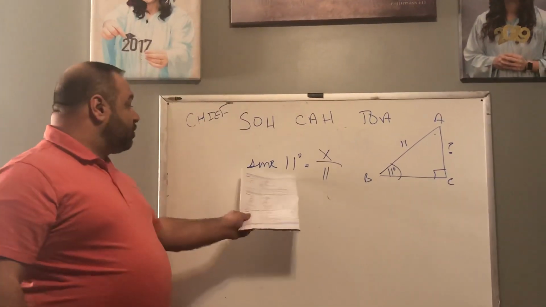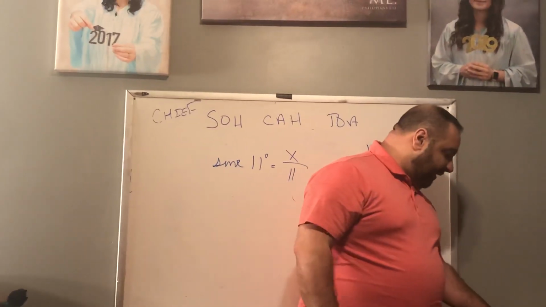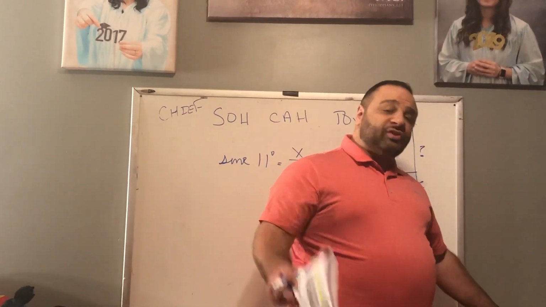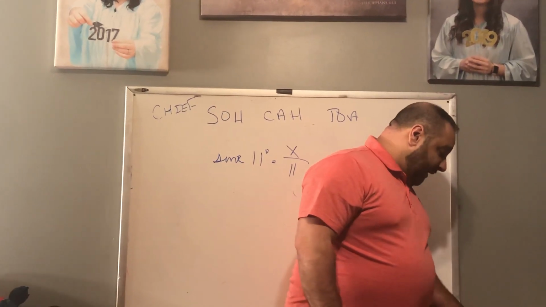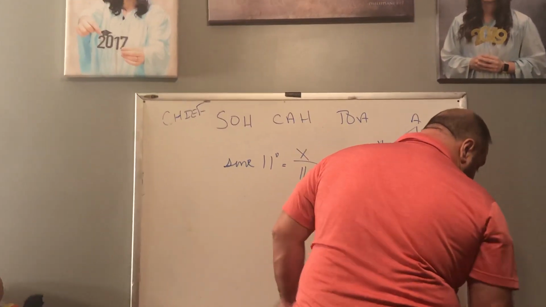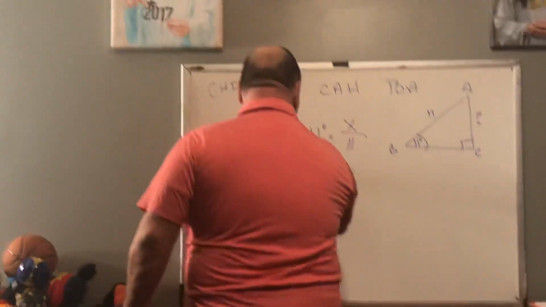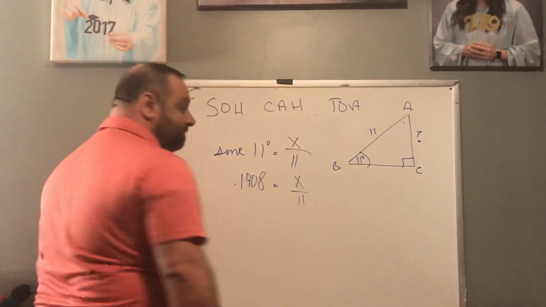Now get your chart out. Let's look at 11 degrees in the column on the very left-hand side, and then go over to the sine column, and we have 0.1908. So 0.1908 equals x over 11.